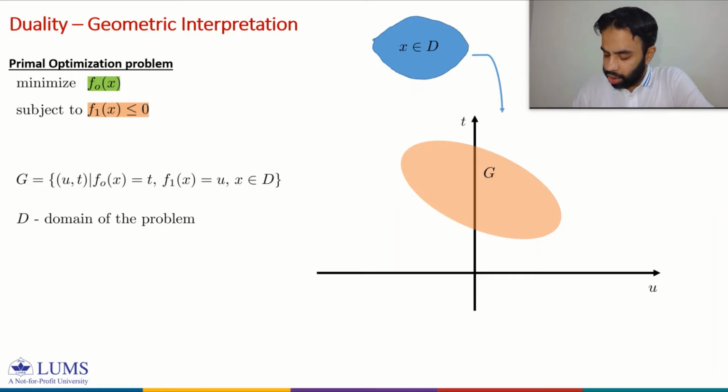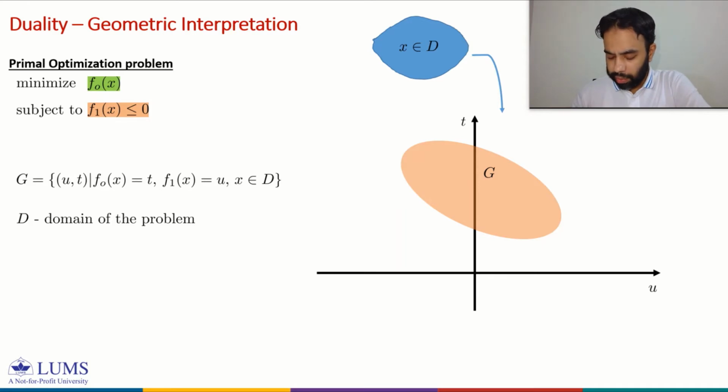From this geometric interpretation, in fact, we can also evaluate the optimal value of the primal optimization problem. First we note that all the points in the set G correspond to some x that belongs to the domain of the problem, but we are interested in those points for which we have a feasible region in this ut plane.